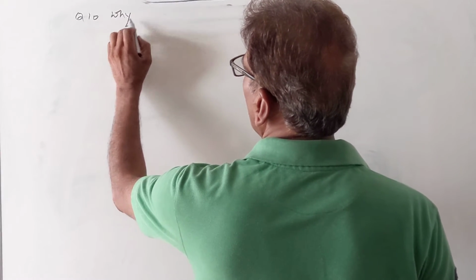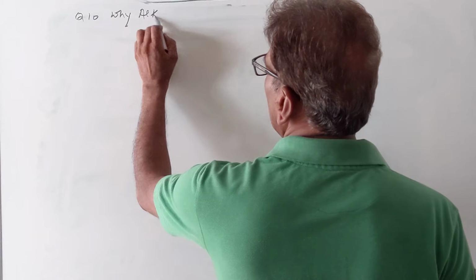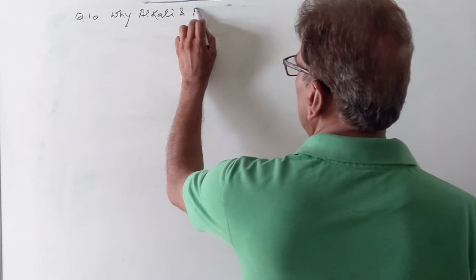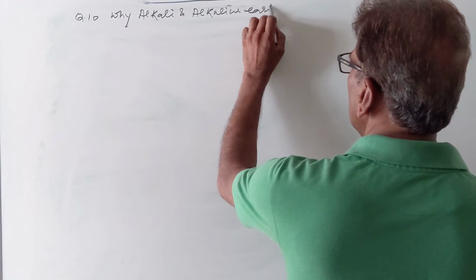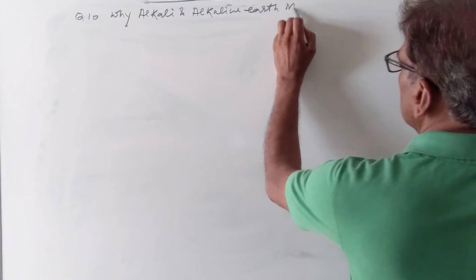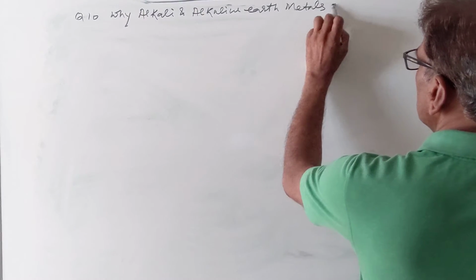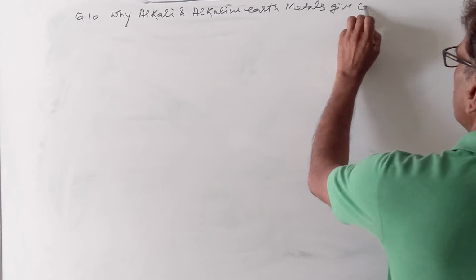Why do alkali and alkaline earth metals give color to the flame?